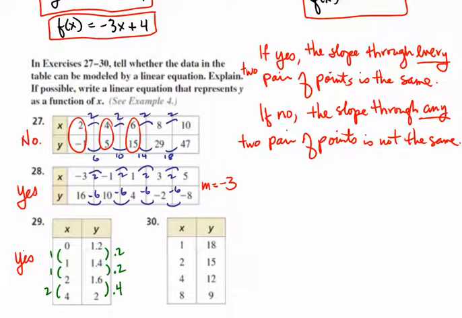And finally, number 30. We have 1, we go up by 2, we go up by 4. Here we go, y's values go down by 3, down by 3, down by 3. Now even though the y values are going down by the same amount each time, the x values are not. So the slope through the first 2 points is -3.